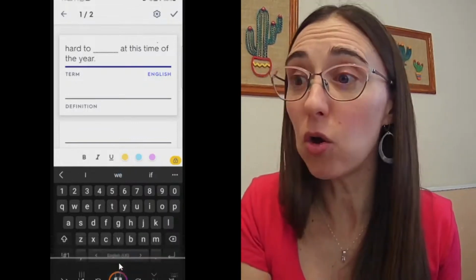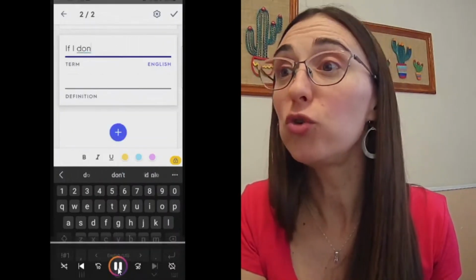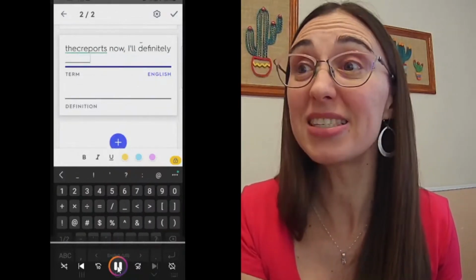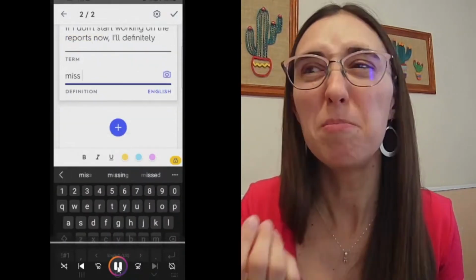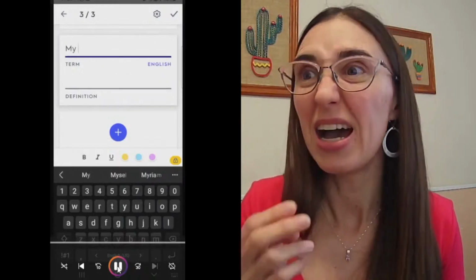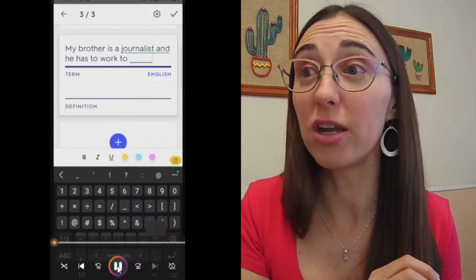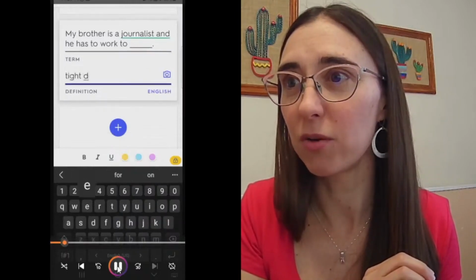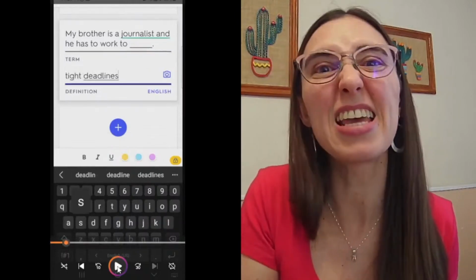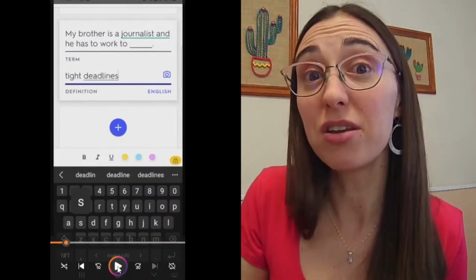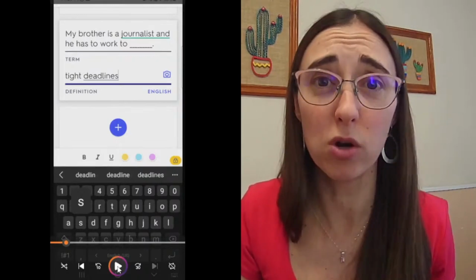And then below where it says definition, you write down that phrase that you want to practice. In this second example, the phrase was miss a deadline, remember? And in the case of the third example we worked with, it was the collocation with an adjective. There we go. A tight deadline. Once you have finished, I have written here just 3 examples. You can write as many as you want.